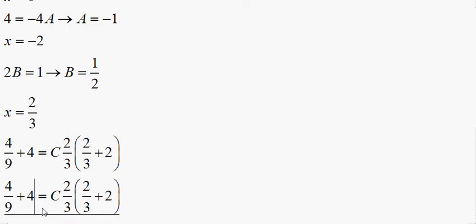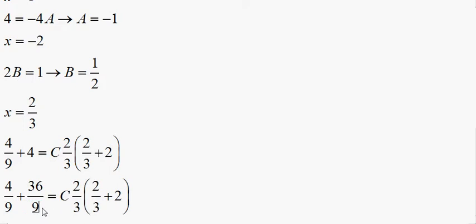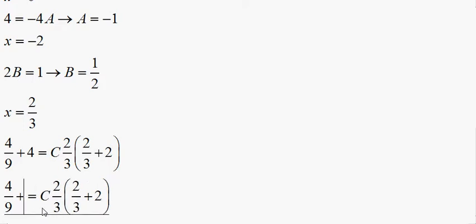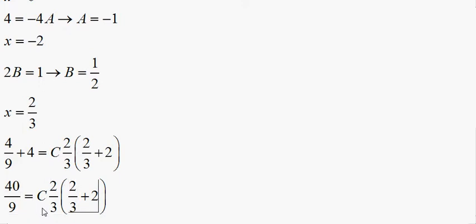Let's see, 4 times 9 is 36 over 9, so that's 40 over 9. And then this is going to be 6 over 3, but then 6 plus 2 is 8 over 3. But then 2/3 times 8/3 is 16/9.